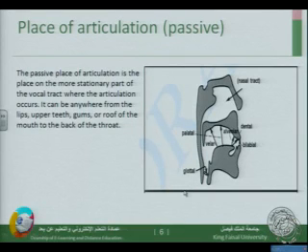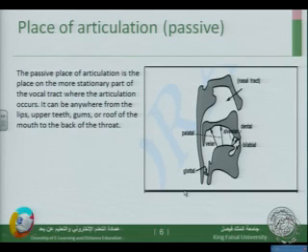The passive place of articulation is the place on the more stationary part of the vocal tract where the articulation occurs. It can be anywhere from the lips, upper teeth, gums, or roof of the mouth to the back of the throat. هذه بس مقدمة. في عندنا active وفي عندنا passive. الactive كان الtongue. الpassive الأشياء you can't move it.